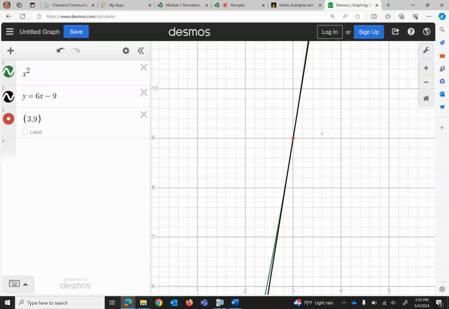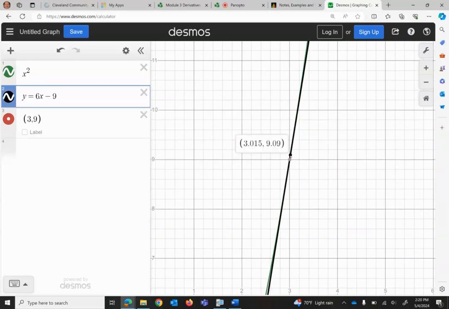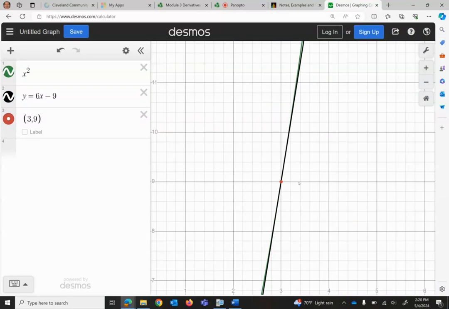The general idea is as long as you choose an x value that's relatively close, the tangent line and the function are going to line up really closely. I know I've talked about this in other videos, but this is one of the major purposes of derivatives: to be able to do this linear approximation.